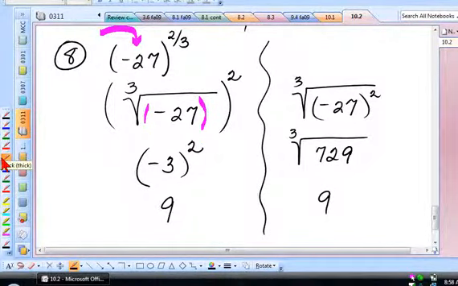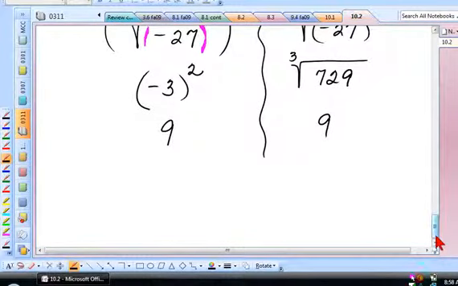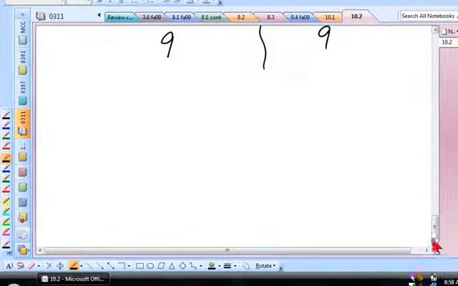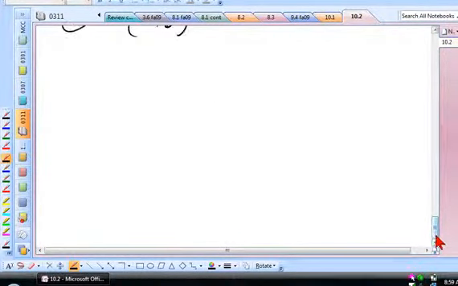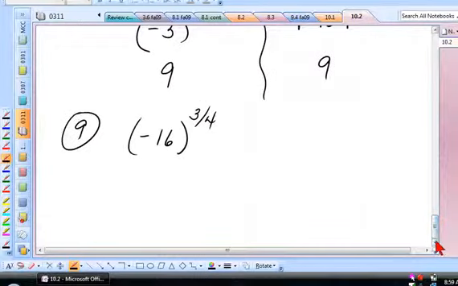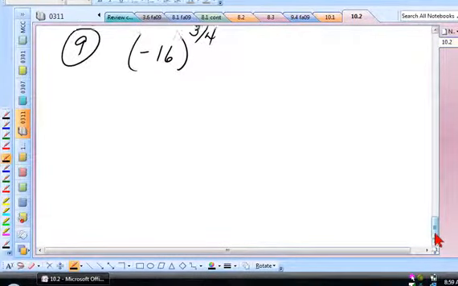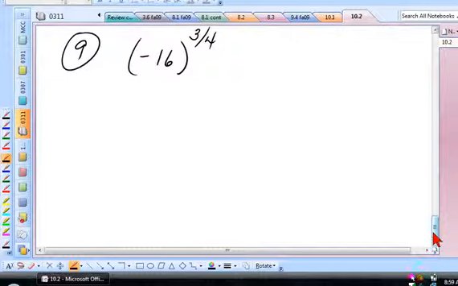Okay, let's look at 9. I have the base of negative 16 raised to the 3/4 power. Well, there we go. How does that translate?